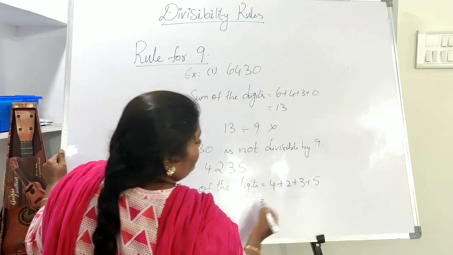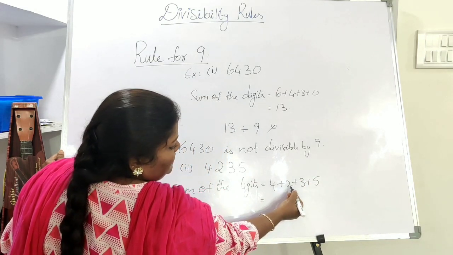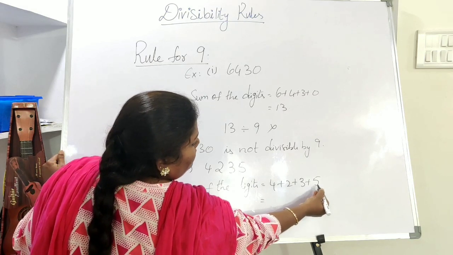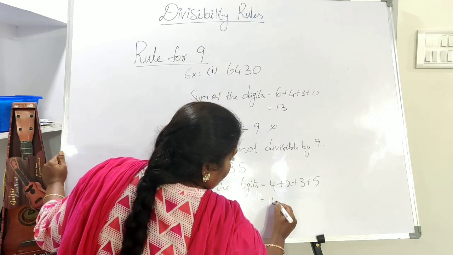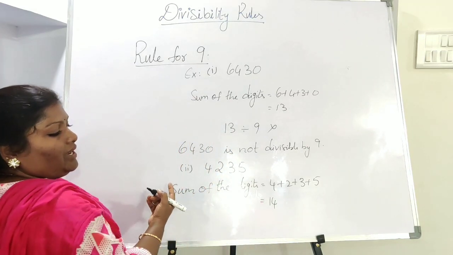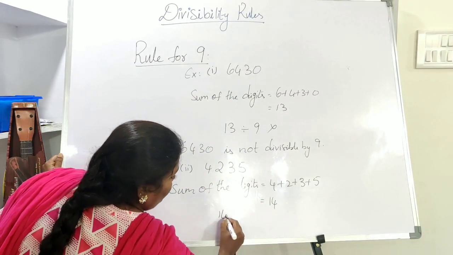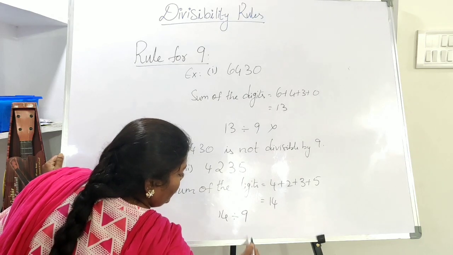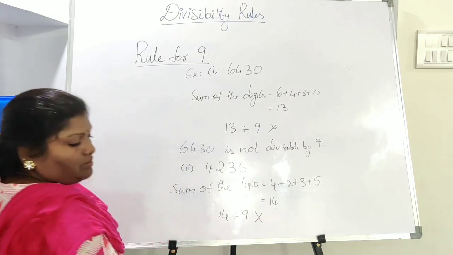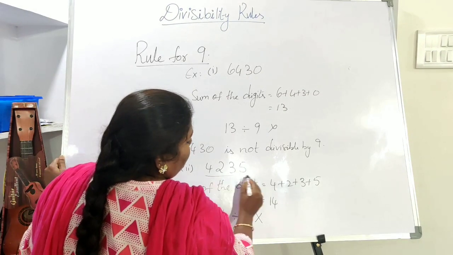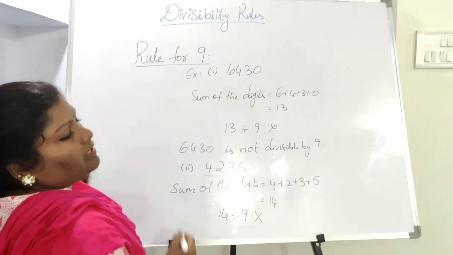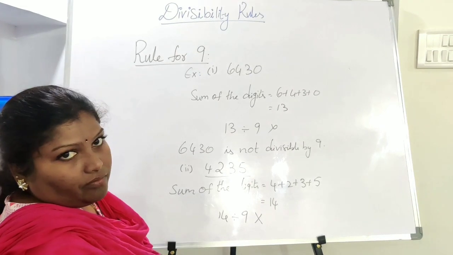So add them up. 4 plus 2 is 6, 6 plus 3 is 9, 9 plus 5 is 14. Is 14 divisible by 9? No, it is not divisible. So you can simply say that 4235 is not divisible by 9.